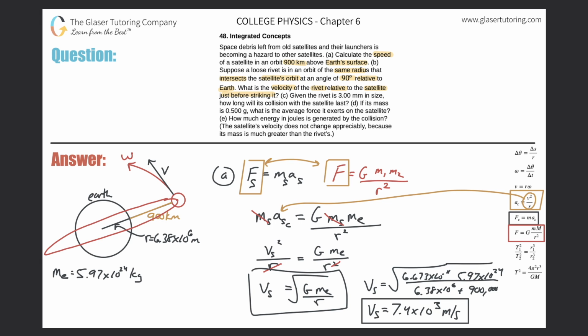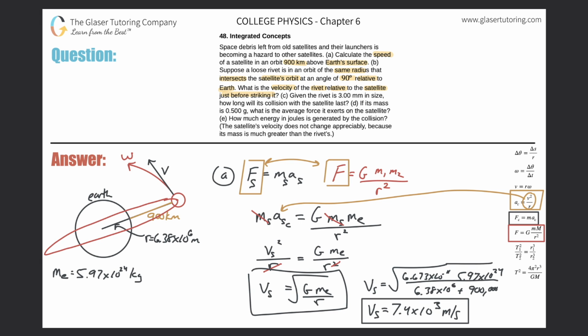All we used was the radius between them, the mass of the Earth, and this is constant. So literally there's no difference in calculating the velocity for this rivet in this red orbit as opposed to calculating the velocity of the satellite, because the masses would have canceled in both cases. So what can I say? That the velocity of the rivet relative to the Earth should be the same.